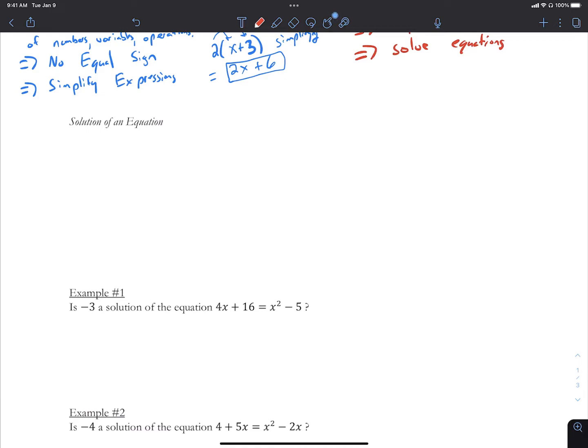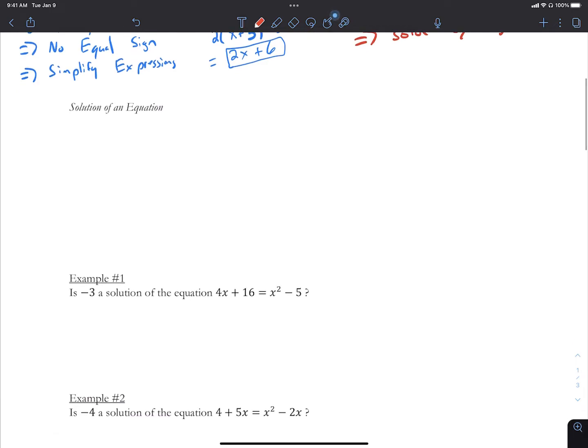So now what I want to go over is the solution of an equation. So if I have, let's say, the equation x plus 8 equals 13, if I want to know if x equals 5 is a solution, I would plug in x equals 5 into the equation.